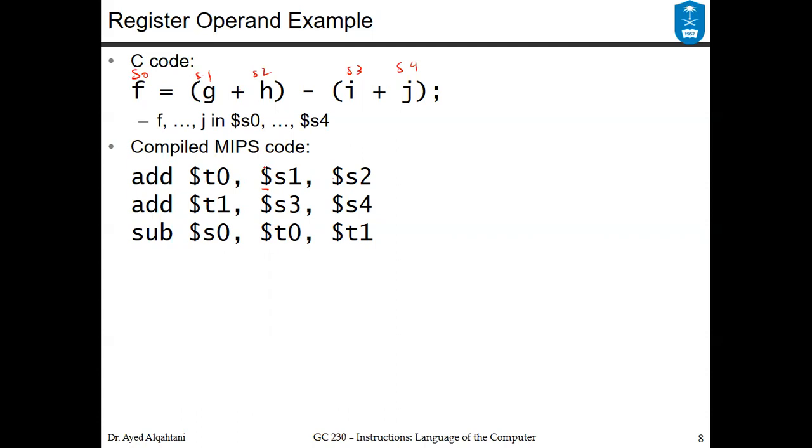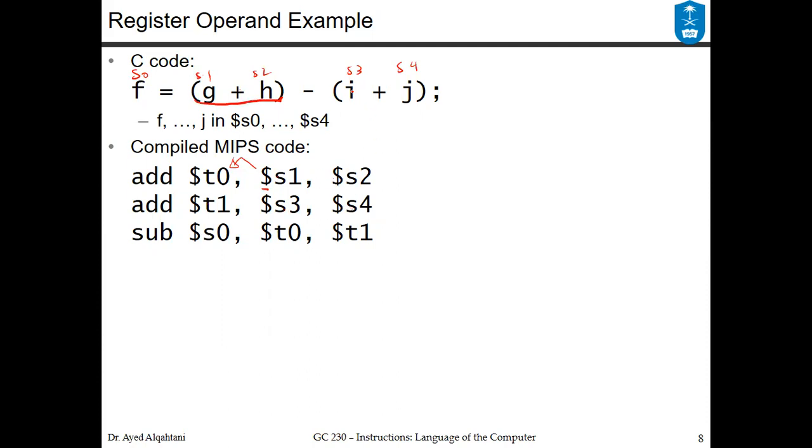So you have $S1, $S2, but we are not going to mention this every time. We simply say S1 and S2, and you know that there is a $ sign in there. So you have S1 plus S2, meaning G plus H, and you get the result and you put it in the destination T0. That's the value of this part.